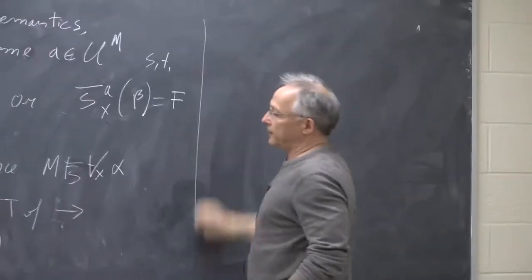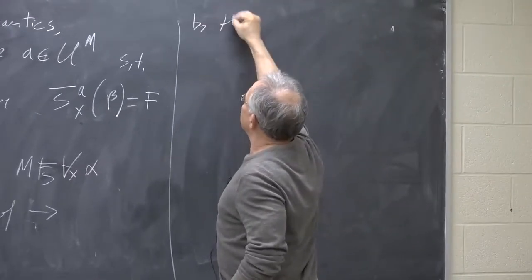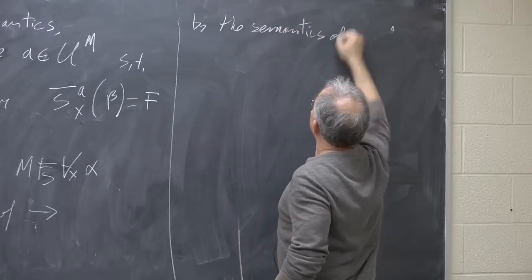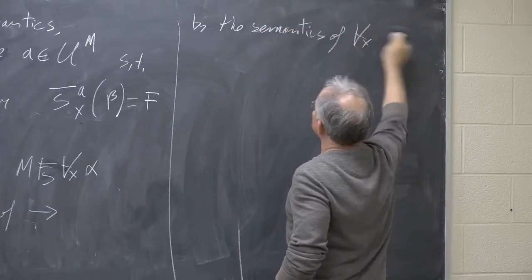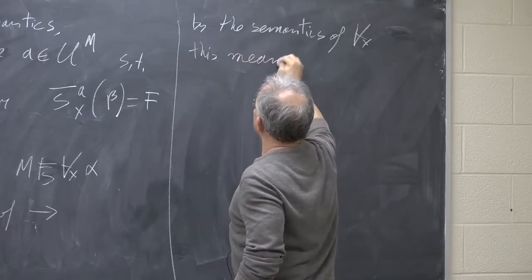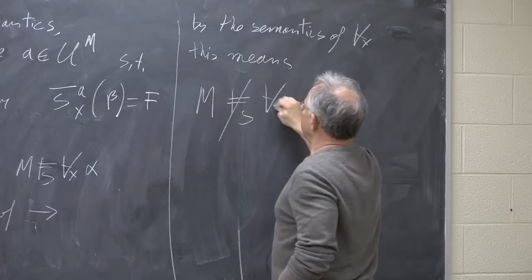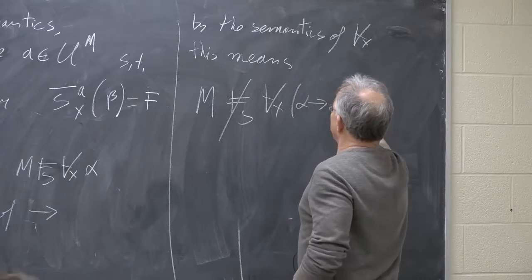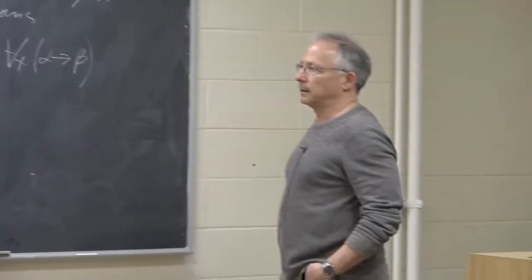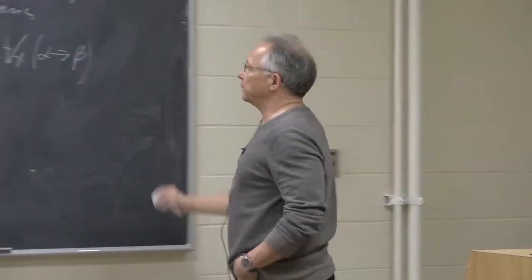Now I go back to the semantics of for all. By the semantics of for all X, this means that M under S does not satisfy for all X alpha arrow beta. And we got a contradiction.